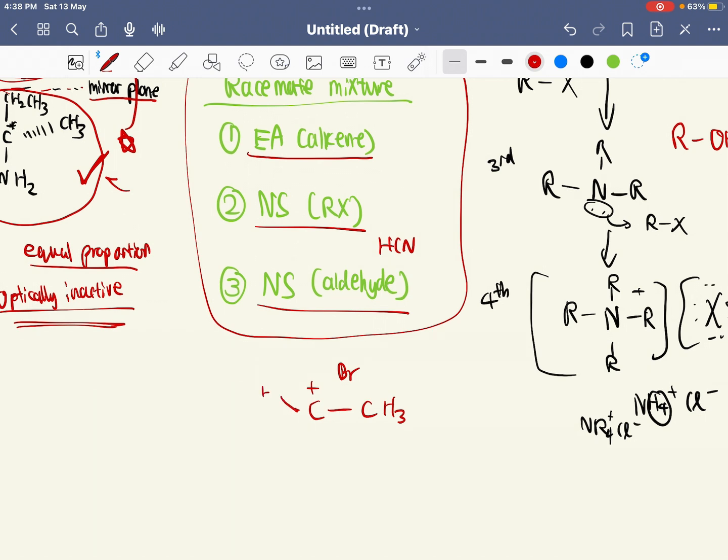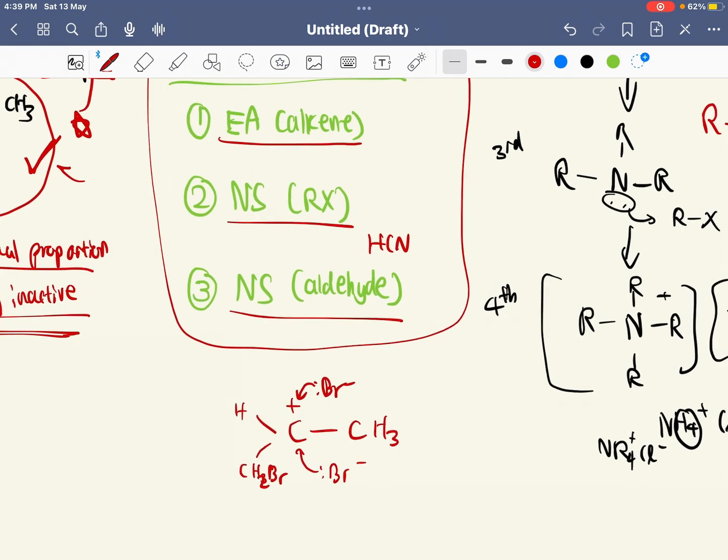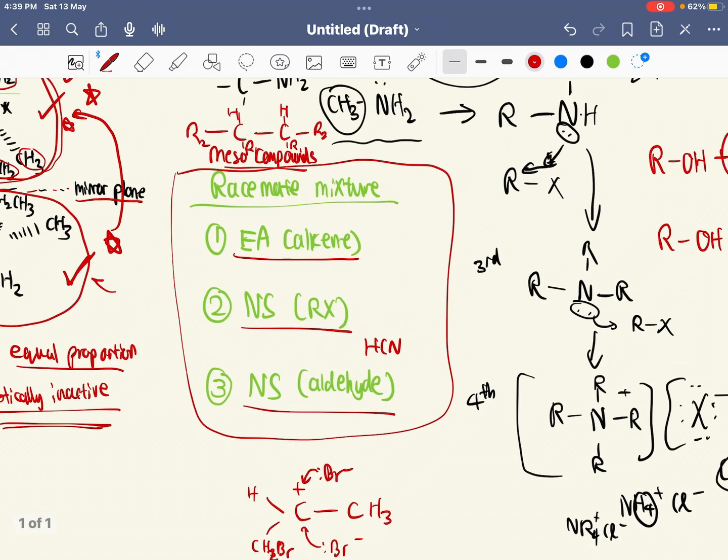So it's H and there's a CH2Br. Okay, so I have an equal probability of my nucleophile attacking from above or below the plane. I just know there's an electrophilic addition, but this is also the idea here. That's why it forms a racemic mixture.